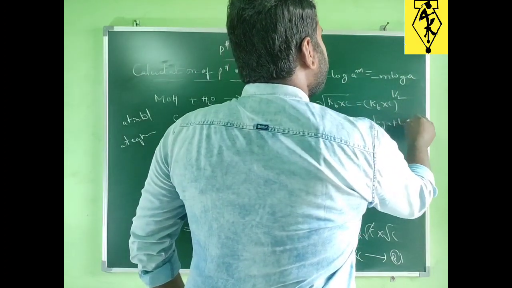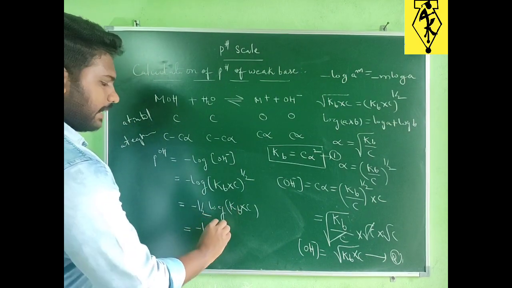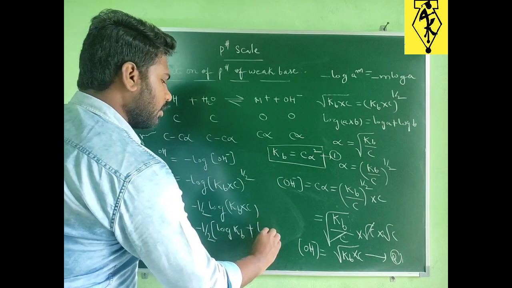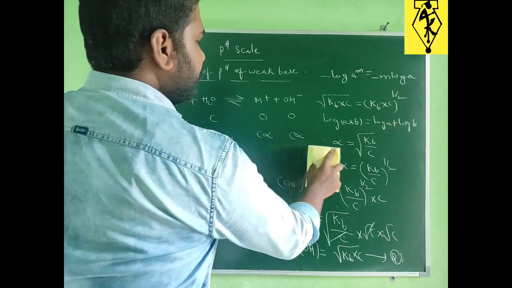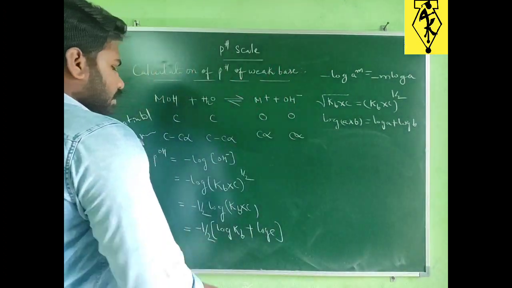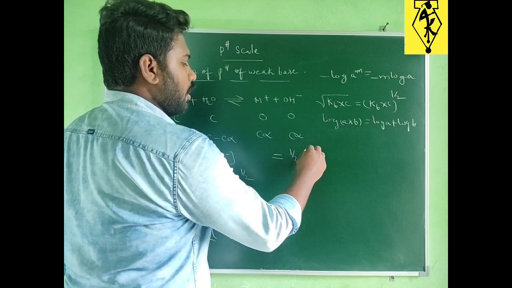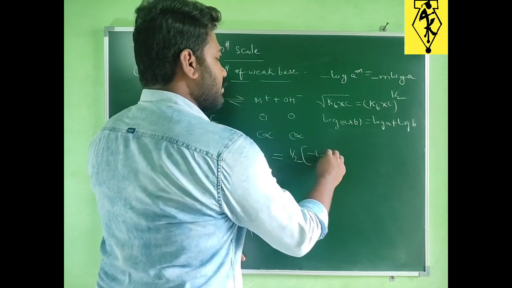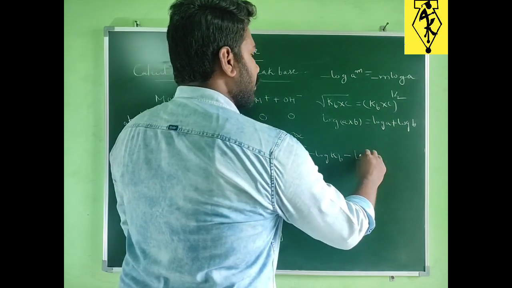Log A plus log B. So minus half into, log Kb plus log C. So this can simplify as follows. I am multiplying with this negative sign. So half into, minus into plus log Kb, it becomes minus log Kb. Next, minus into plus log C, it becomes minus log C.